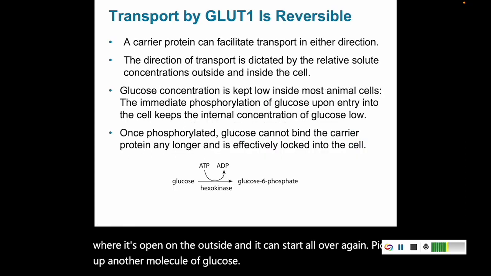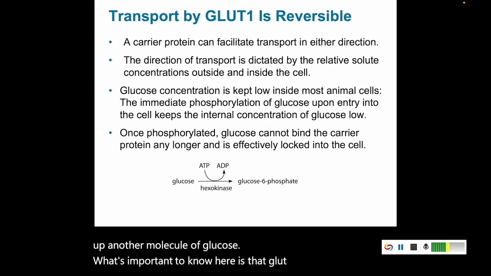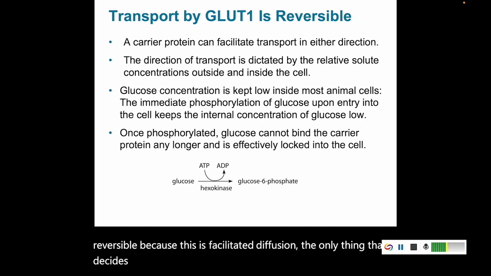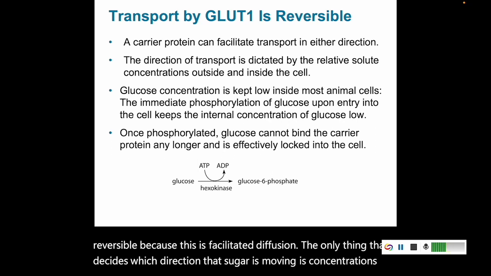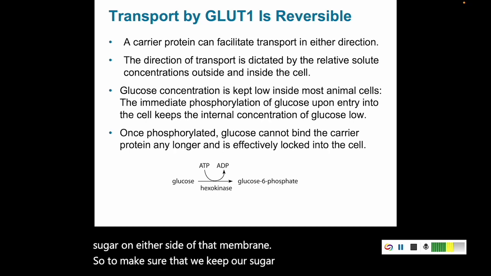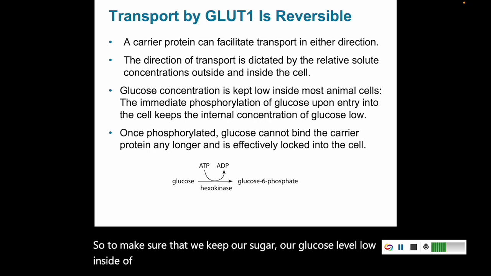What's important to know here is that GLUT1 transport is reversible because this is facilitated diffusion. The only thing that decides which direction that sugar is moving is the concentrations of sugar on either side of that membrane. So to make sure that we keep our glucose level low inside of cells, as soon as we bring it in, we phosphorylate it.